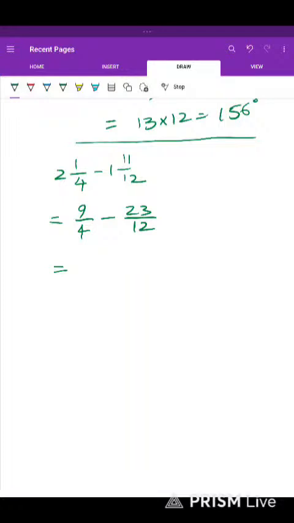As 12 is a multiple of 4, we can turn 4 into 12 by multiplying by 3. So both numerator and denominator we multiply by 3, and then the denominator of both of them is 12. So we convert them into a single fraction by writing 12 in the denominator. Numerator is 9 times 3 is 27 minus 23, so that will be 4.